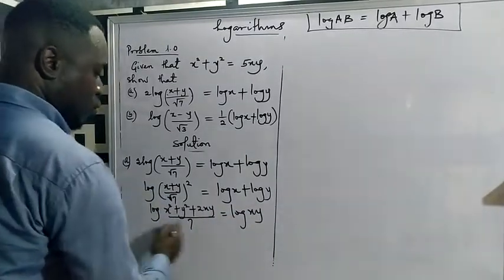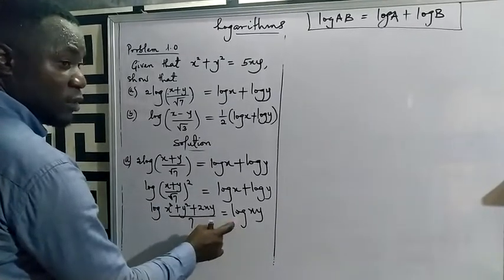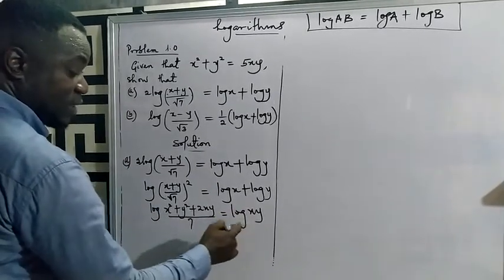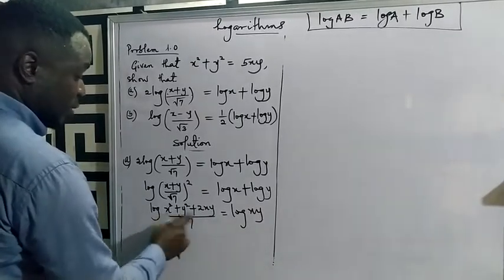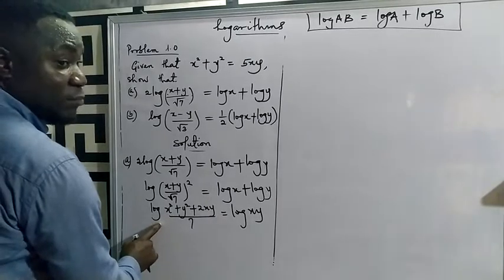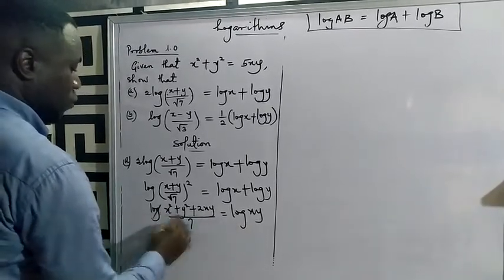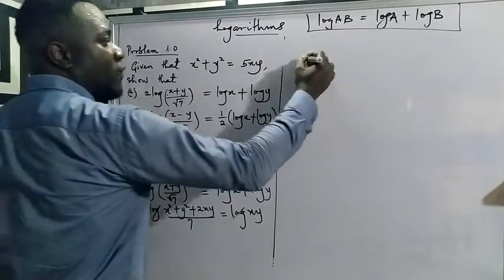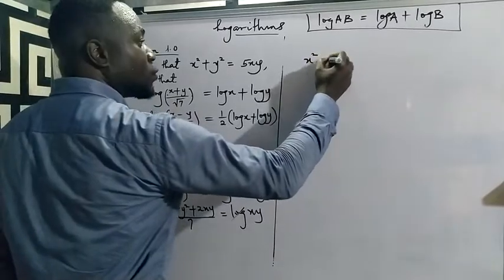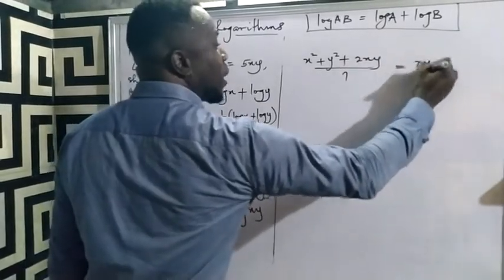So when you arrive at this step, this log can remove this log. Yeah, it's allowed, because they are in the same base. That's the condition. They must be in the same base. This is log of a number, assumably base 10. So we cancel this. It's allowed. So you have (x squared plus y squared plus 2xy) over 7 equals xy.